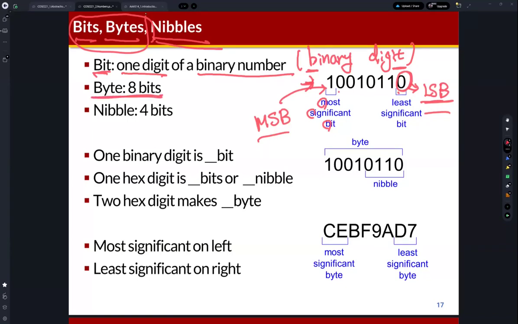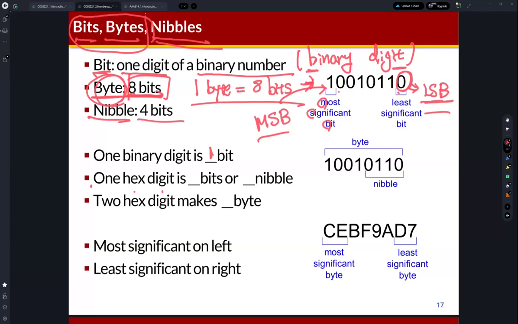We call 8 bits of binary data a byte. A byte represents just 8 bits, so 1 byte equals 8 bits of binary data. And a nibble represents 4 bits. So 1 binary digit is 1 bit.